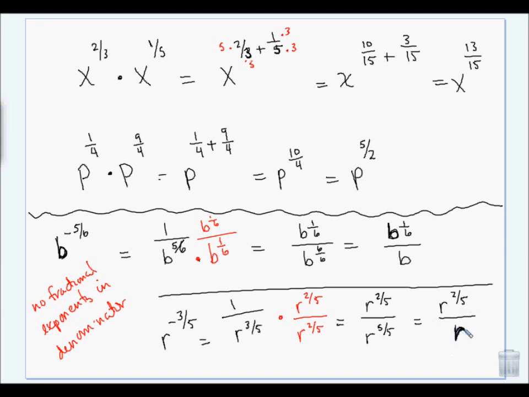Now, does anybody see a shortcut? All right, shortcut. Let's look at that example we just had. I had r to the negative 3/5, right? I want to find out what to make it equal to 1, right?